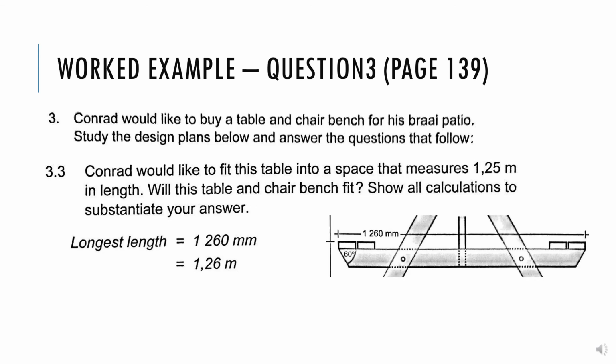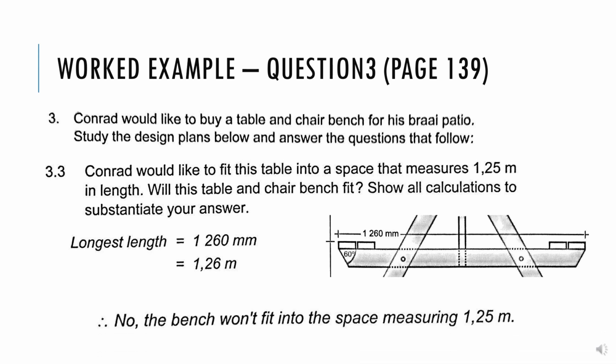So you would say, no, the bench won't fit into the space measuring 1,25 meters, because 1,260 millimeters is equal to 1,26 meters, and that's already bigger than the dimensions that he wants his bench to fit in.